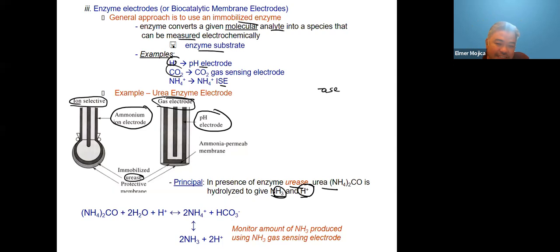So kung gaano kadami yung urea mo, ganun din kadami nung ammonia or H+ na magpo-form. So you monitor the amount of ammonia that is produced using the ammonia gas sensing electrode. Okay? So yan yung maganda doon sa paggawa ng research sa mga electrode.